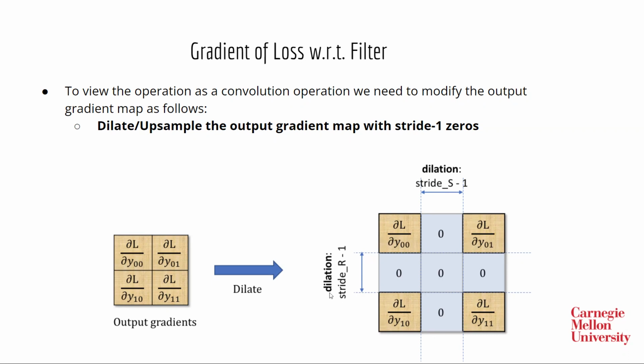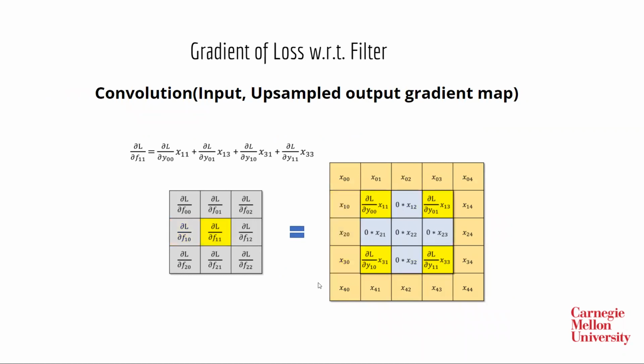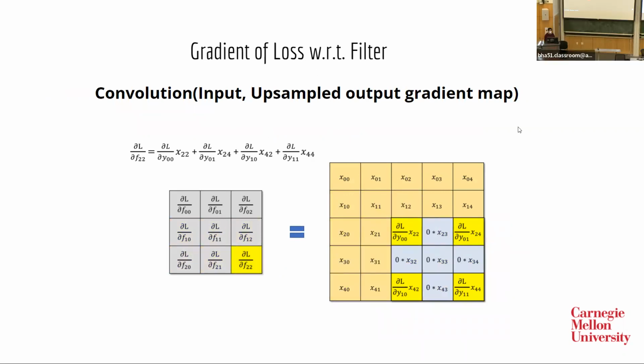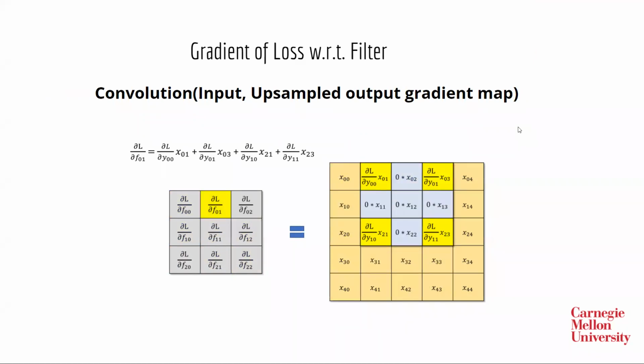So the first thing that we do is upsample our output gradient map and then convolve it with the inputs. So again, we are viewing this as a convolution of the input and the upsampled output gradient map. So is this clear? Gradient of loss with respect to filter for a stride greater than 1. How would you do it?